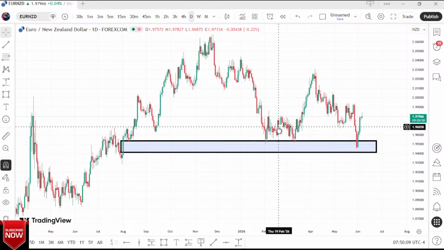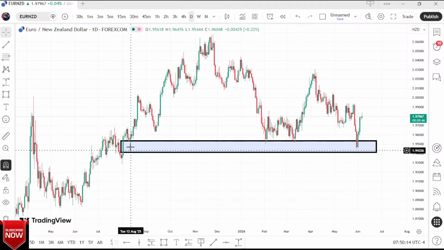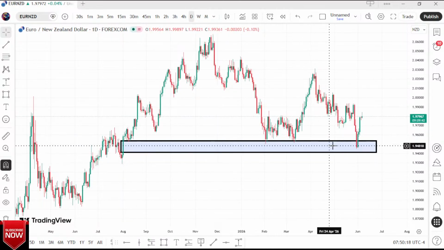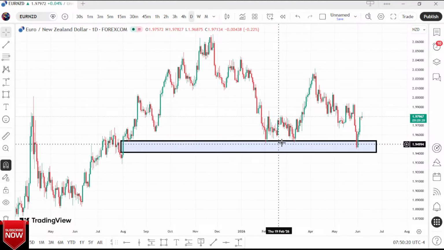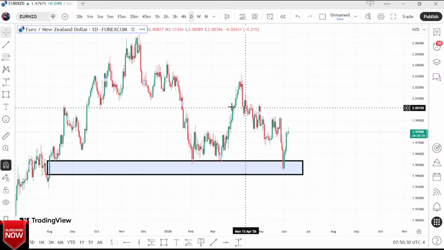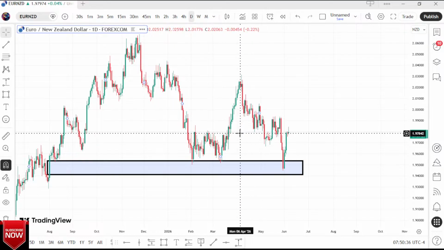Price is coming down to those fair value gaps, consolidating, coming, then coming down. It has come to those fair value gaps again and swept those sell side liquidity. I want to see more rally to these buy side liquidity.